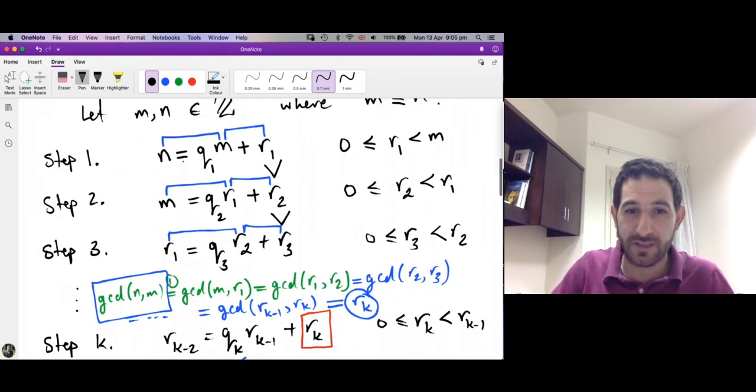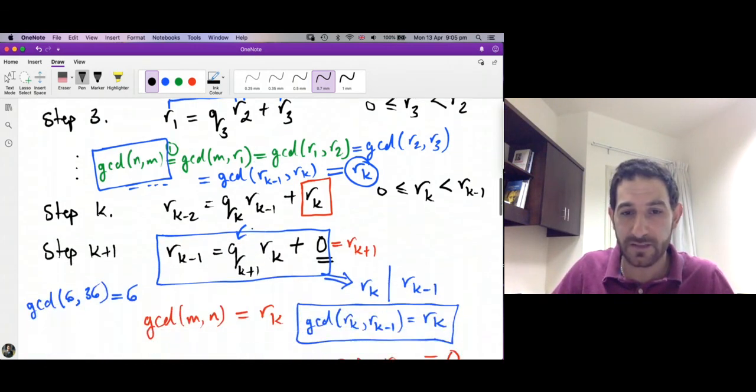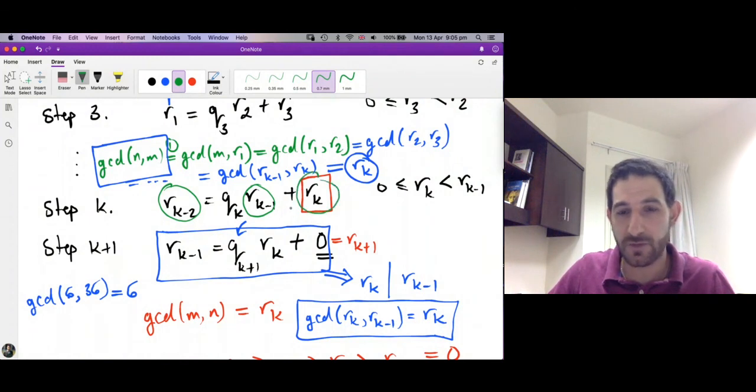Okay, we used it in step 1 to say that the GCD of n and m is equal to the GCD of m and r1, and the GCD of m and r1 is equal to the GCD of r1 and r2. So all of these GCDs are equal until the very last, where the GCD of these two is equal to the GCD of r(k-1) and r(k).